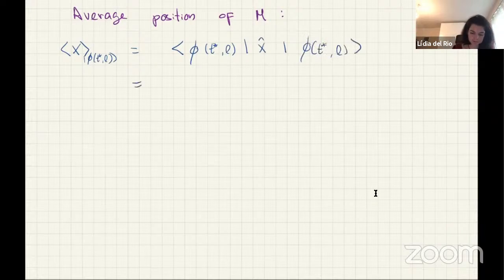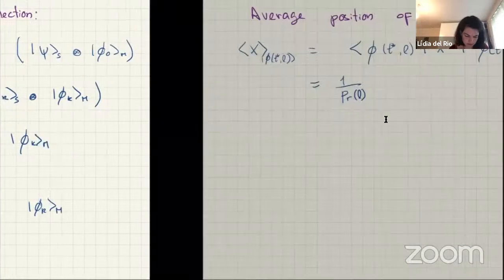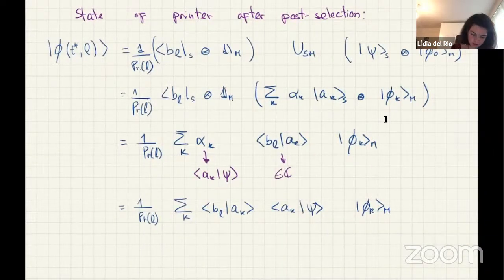So get one over the square root of the probability of L. I missed the square root. Yes. So attention, I missed the square root here all over. Check.